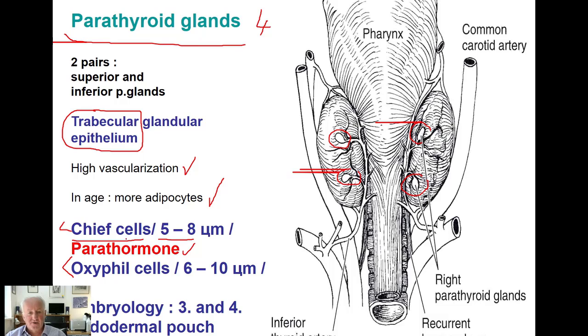Oxyphilic cells are not producing any hormone. You will hear in a few days in the next lecture that the parathyroid glands are from endoderm, developing from the 3rd and 4th endodermal pouches.